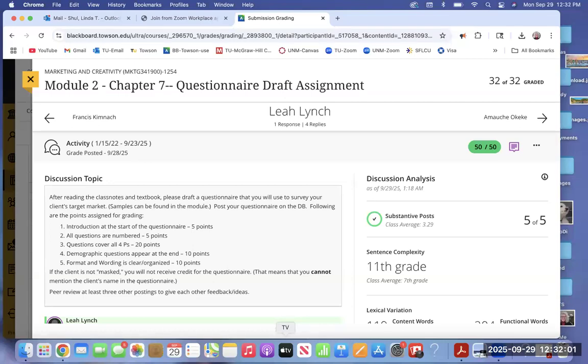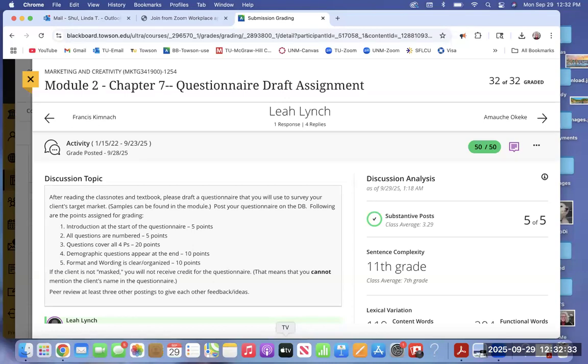So writing a questionnaire is part of primary market research, and then you will go out and ask customers. Typically, when I do a market research study for clients, we have hundreds, if not thousands, of respondents. But for purpose of this class, we're just going to do about 15 to 20 respondents. So that means you have to go out and survey 15 to 20 people.